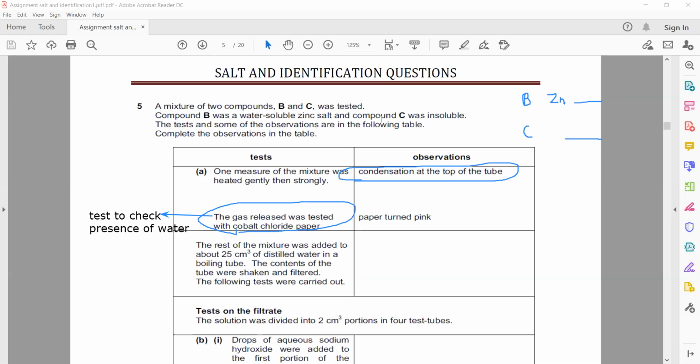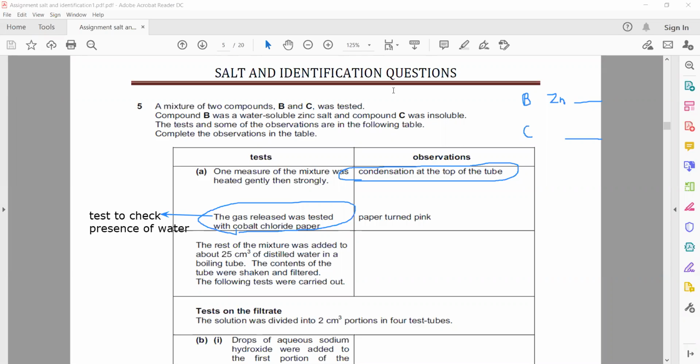The scientific term: if water is present in the salt, we say it contains water of crystallization. Not aqueous. There's a difference between aqueous salt and hydrated salt.